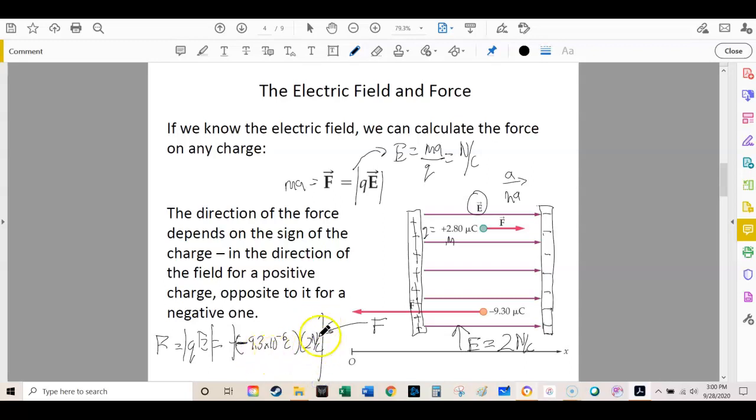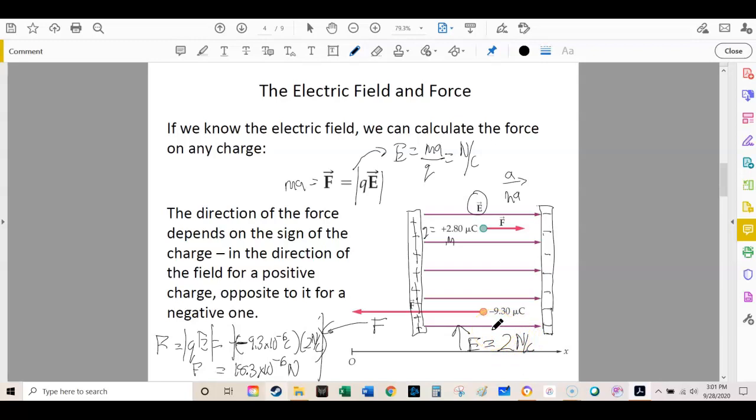And multiplying those two things together, that gives us 18.3 times 10 to the negative 6 newtons. So that's how much force would be generated on this test charge in an electric field of 2 newtons per coulomb.